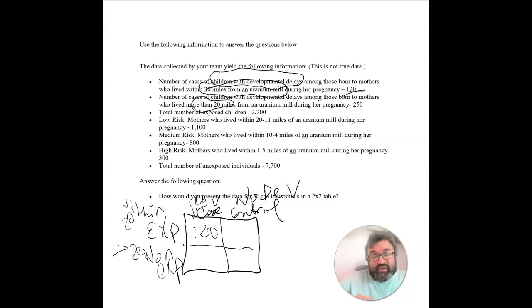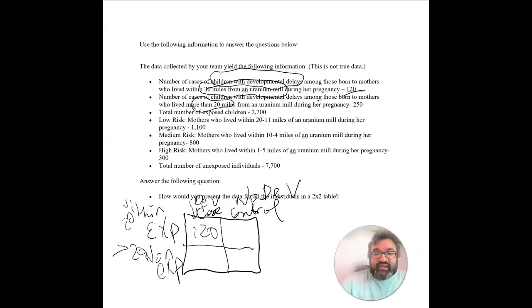And again, to reiterate, why is this the case? Well, children with developmental delays is the first column, and within 20 miles of a uranium mill is considered the first row.